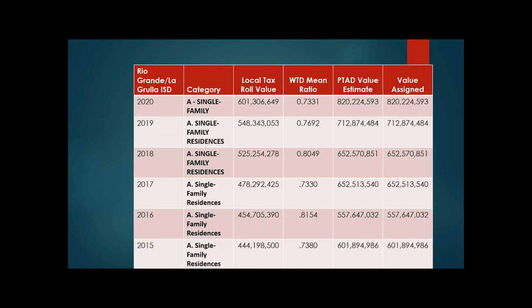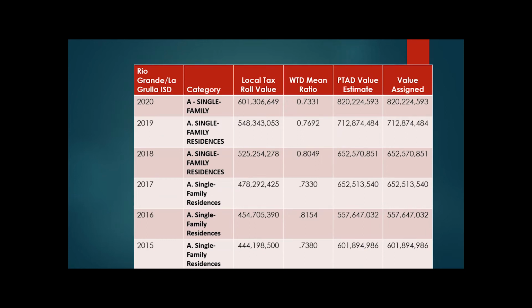This is a comparison for the past 6 years, and this is the Rio Grande La Grulla ISD. You'll notice our local value in 2015 was 444 million, and then the value assigned by the Comptroller of Public Accounts was 601. Well, we had an increase the following year, and we were happy that we were going in the right direction.